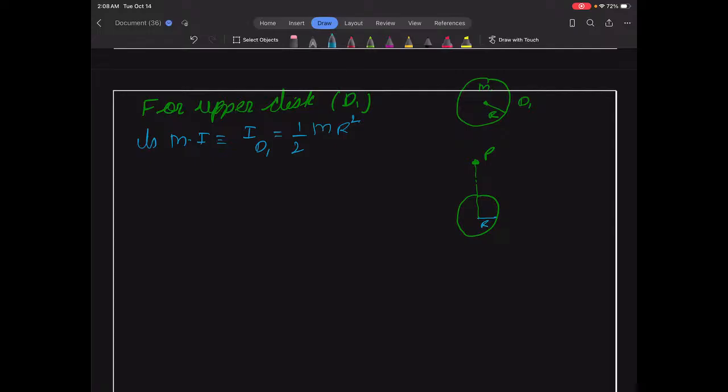Its radius is given as r and mass is m, and it is at a distance of L from the pivot point P. First of all we are going to find out the moment of inertia for the lower disc about its center, and then we are going to use the parallel axis theorem to find out the moment of inertia about point P. So for the lower disc, this is D2.